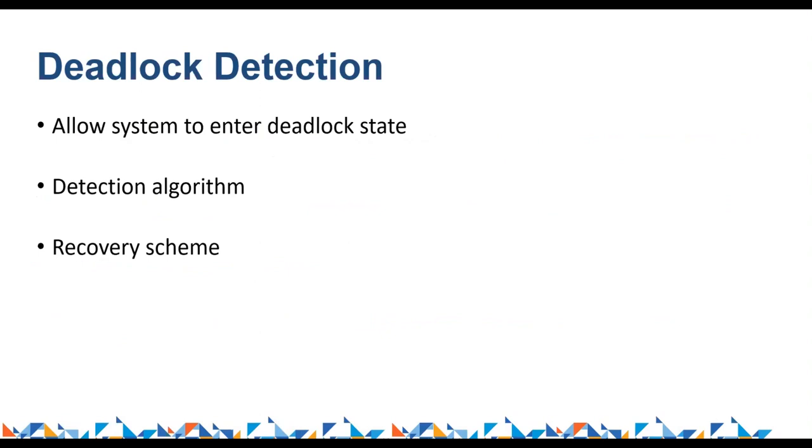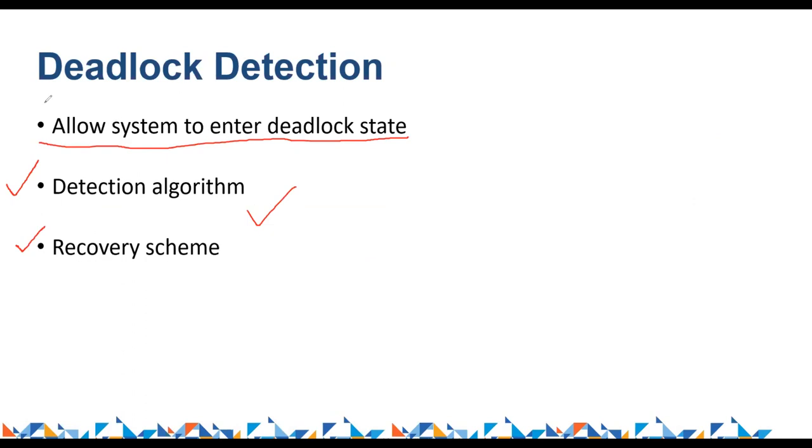Okay. So, allow system to enter deadlock state. It means that if the system is in a deadlock situation, then the deadlock detection algorithm will be run. If the deadlock is found, then the recovery scheme will be initiated.